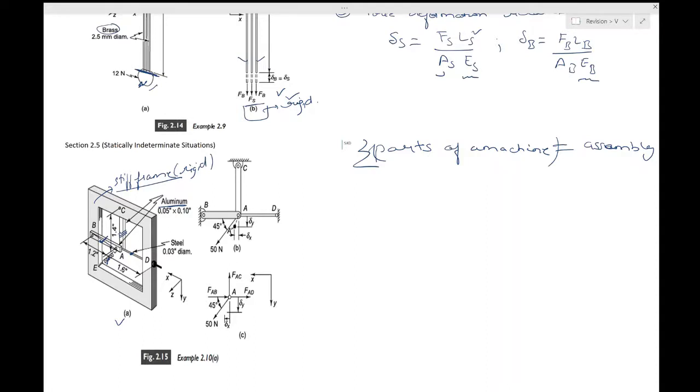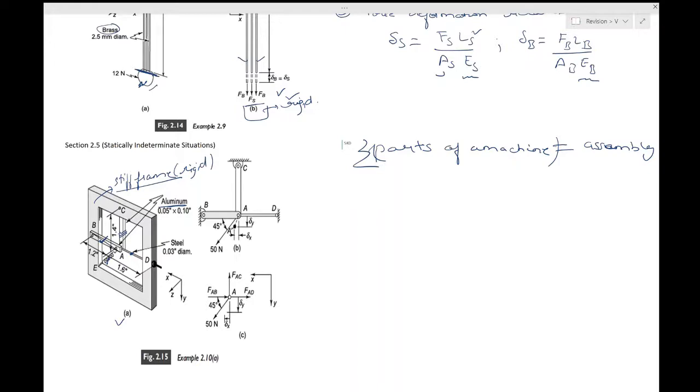Okay, so in assembly the nut on the EA is installed with sufficient extension to produce a force of 50 newtons. So there is a nut on EA and it is installed with sufficient extension to produce a force of 50 newtons. So you already know how much force the spring will be having.